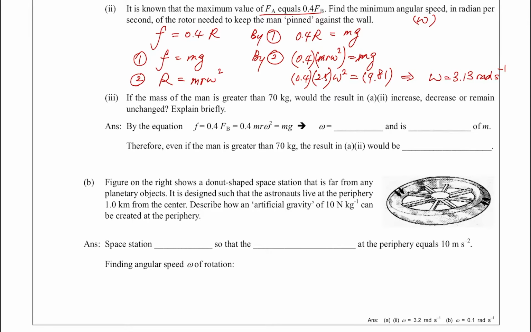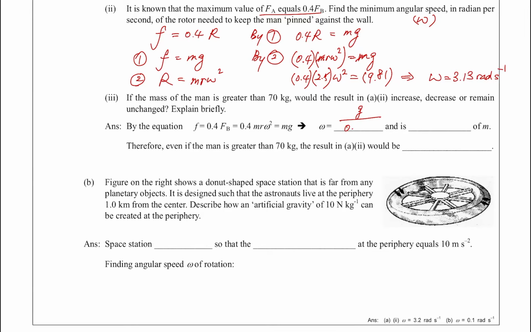Part 3. If the mass of the man is greater than 70 kg, would the result in A2 increase, decrease, or remain unchanged? By the previous equation, we already see that m can be cancelled out on both sides.